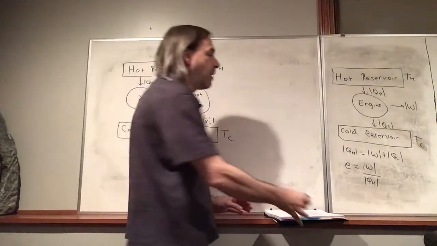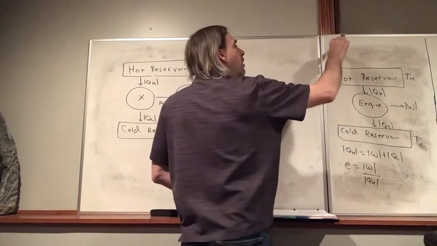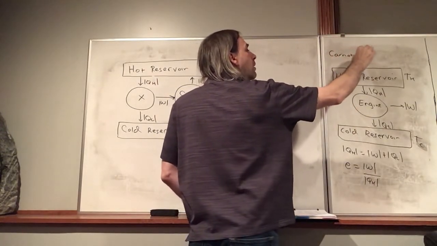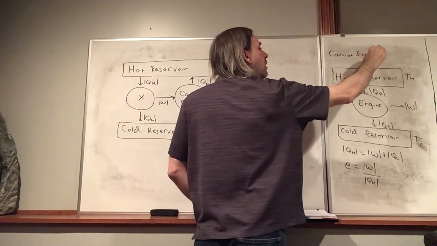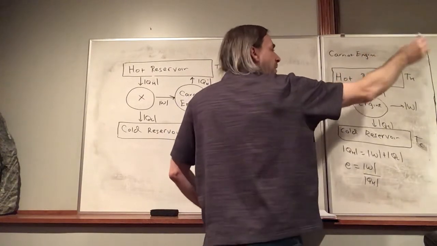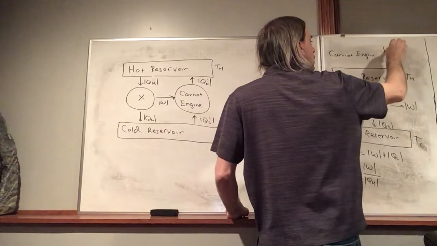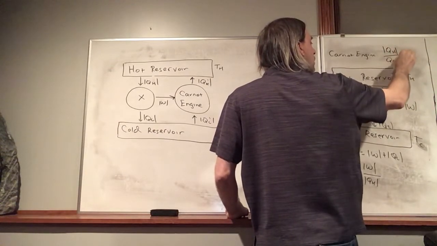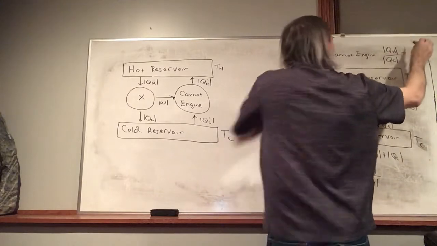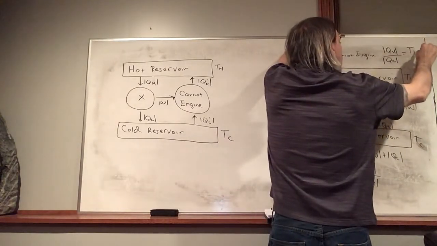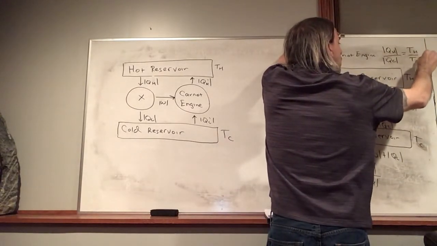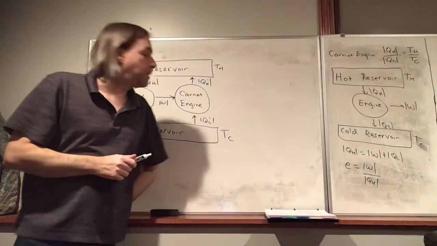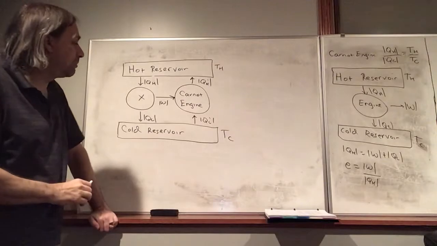So I'm also going to write here for a Carnot engine what we did last time. There are different ways we can do this algebraically. Okay, so this is what we're going to do.